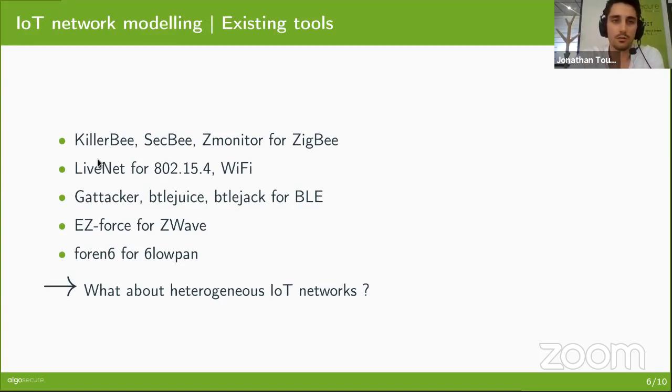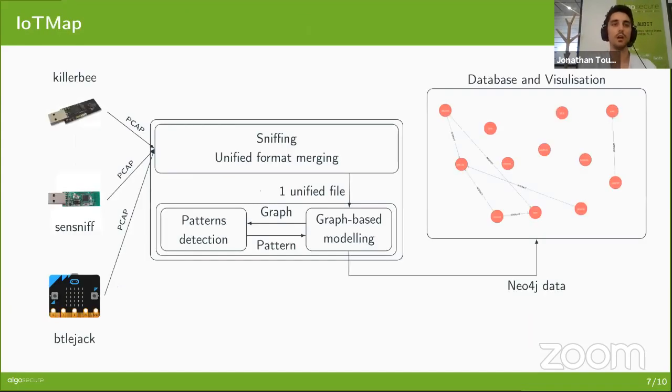However, in this list of tools, each tool is specific to a unique protocol and cannot be used to analyze or play with other protocols. So what about heterogeneous IoT networks in which there are multiple protocols deployed? In this presentation, I present IoT Map.